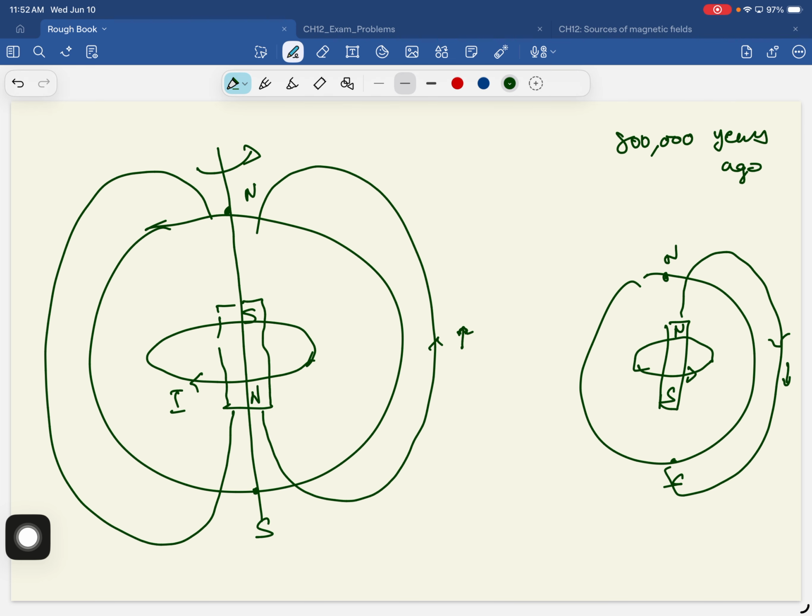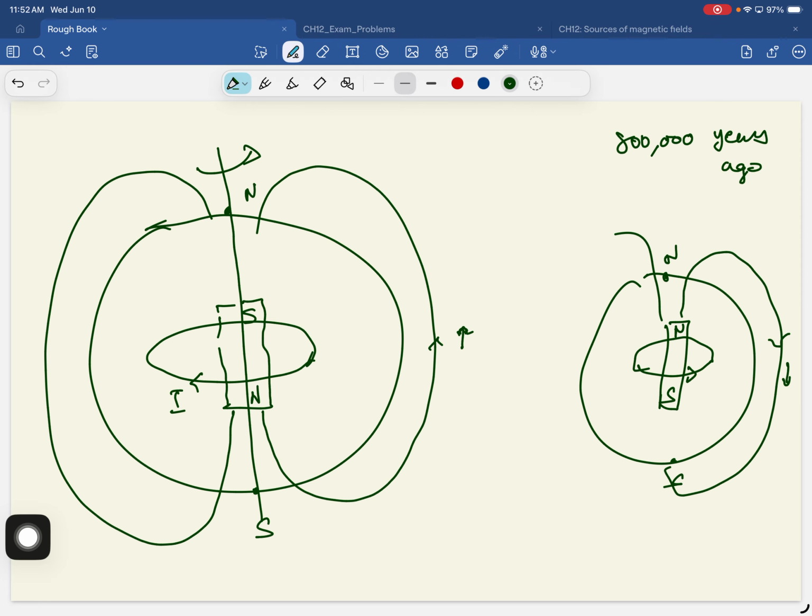Right. So the current flips on the average in 250,000 years. We don't know why it flips. And it flips within about 3,000 years, so roughly, in a blink of an eye. Okay? And right now we're in the middle of a flip.